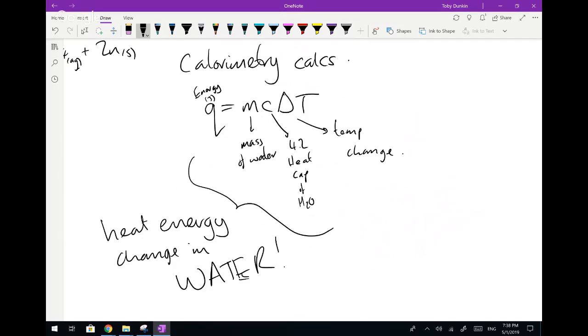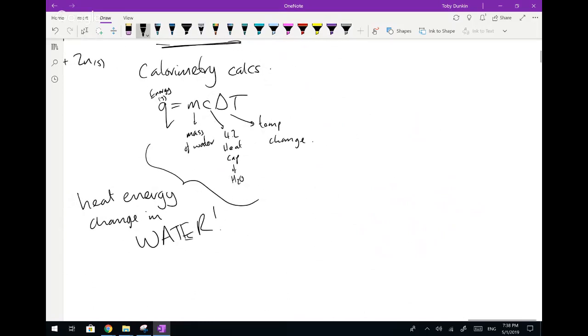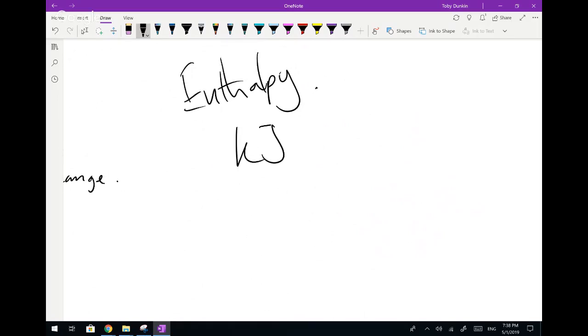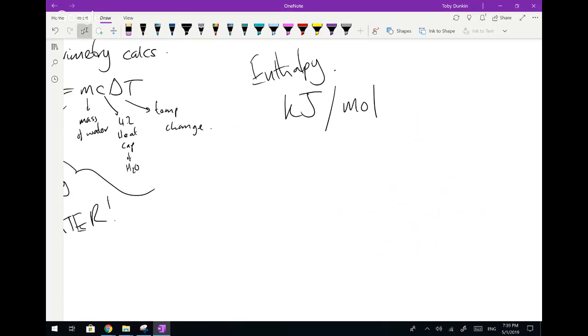The problem is that's not enthalpy. Enthalpy is the heat energy change under constant pressure, and it has a unit. Enthalpy is kilojoules, there's my energy, per mole. Now that unit gives us an equation, which is ΔH, and here's the equation you've got to learn: ΔH equals Q over n.